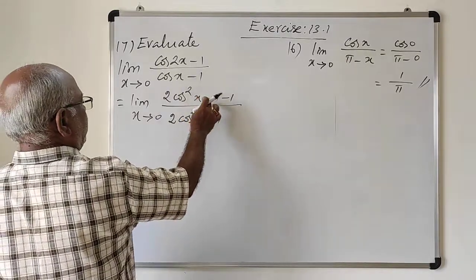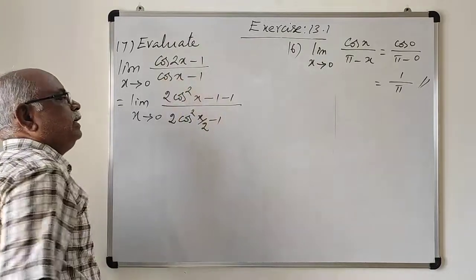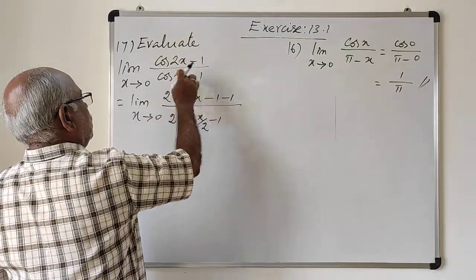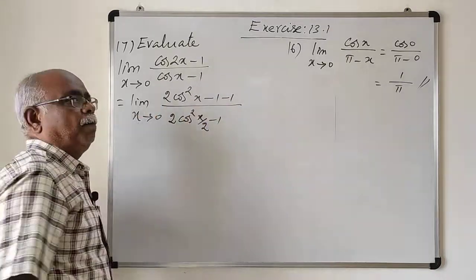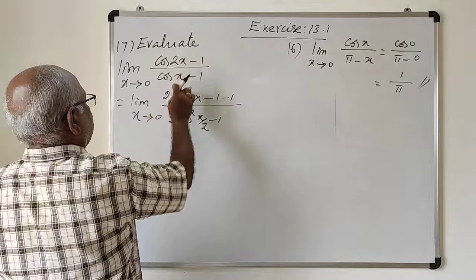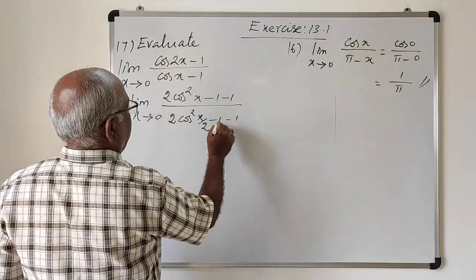Cos x means 2x by 2, that is x by 2. You apply the half angle formula for cos x, 2 cos square x by 2 minus 1, already minus 1.